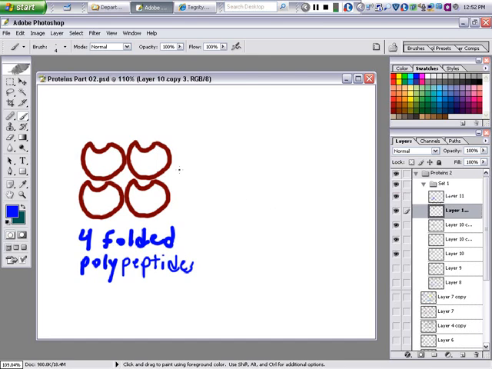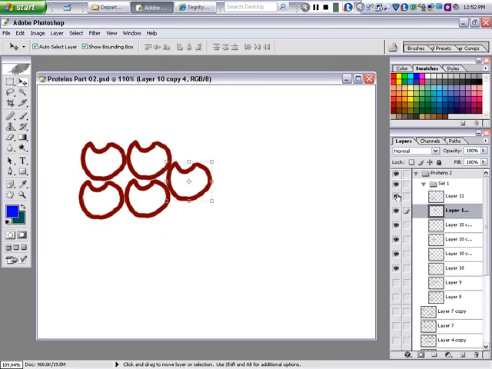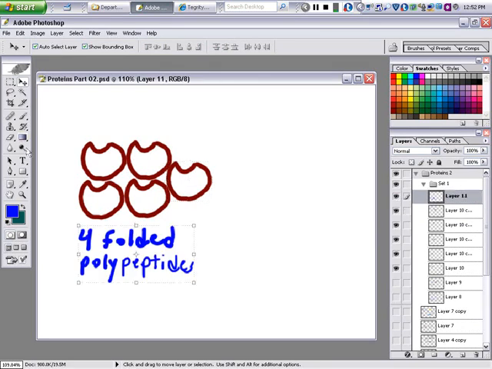Instead of removing one, let's just give it 5. That's going to be 5 folded, because I don't want you to confuse something. So we're going to have 5 folded polypeptides, and those five make one functional protein.